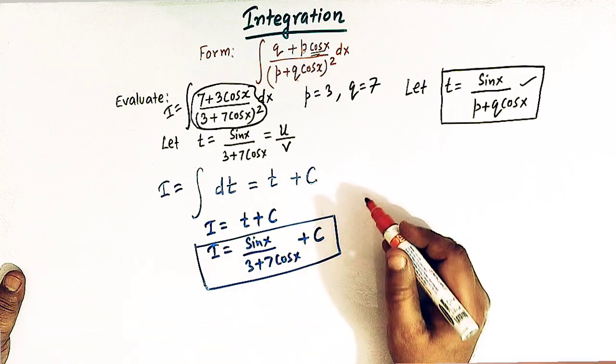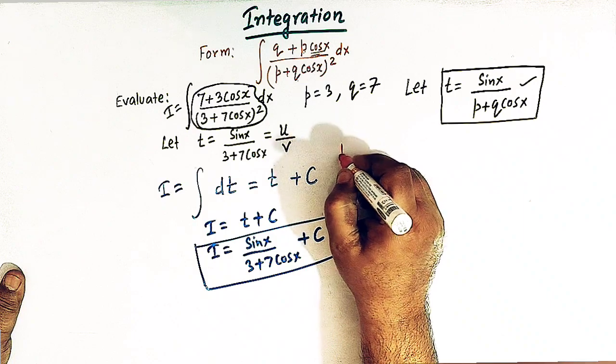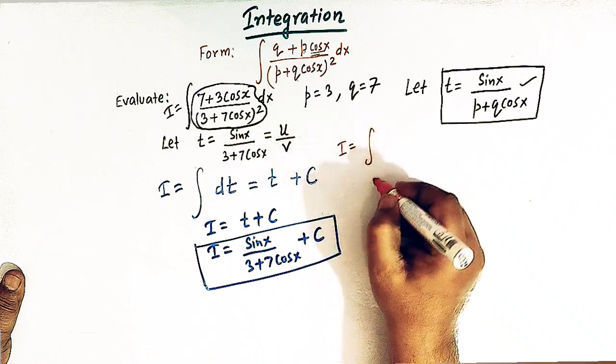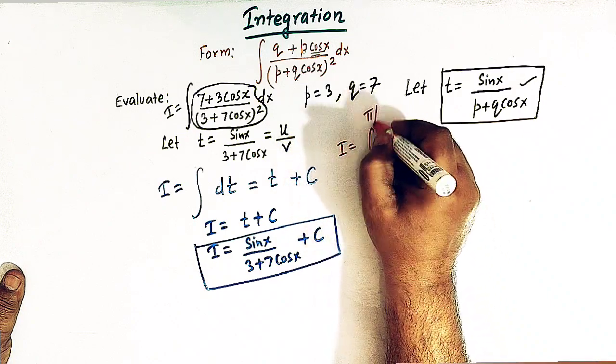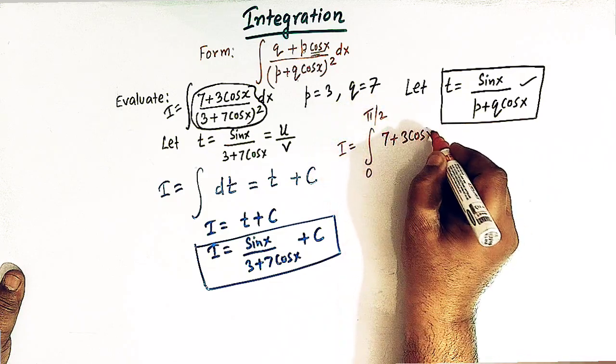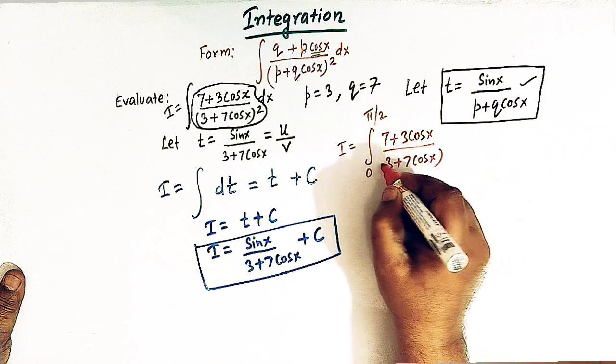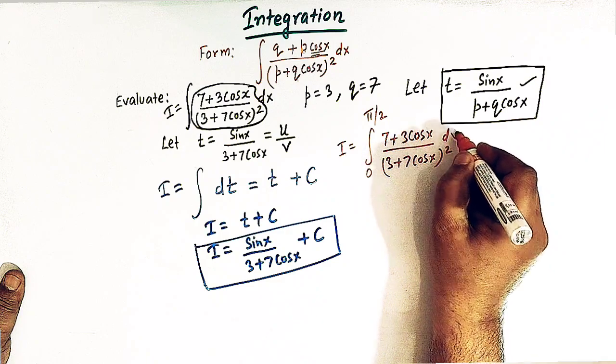So now let us form another problem with the help of this problem, right? Suppose we want to evaluate this integral, that is from 0 to pi by 2, 7 plus 3 cos x divided by 3 plus 7 cos x whole square dx, right?